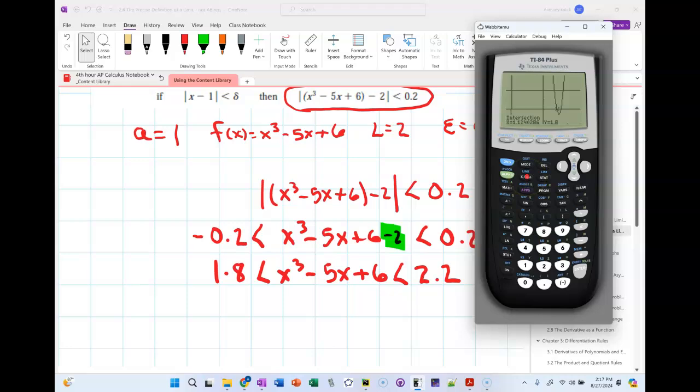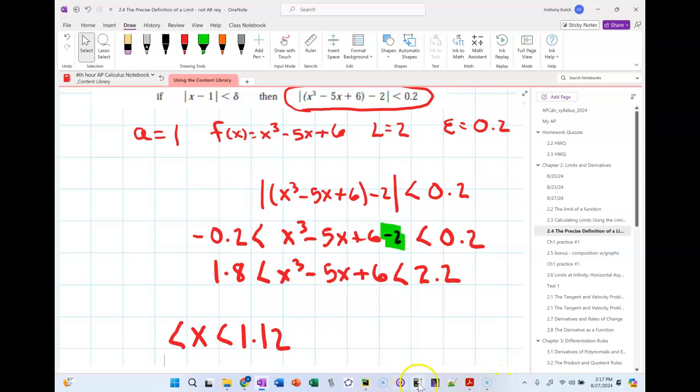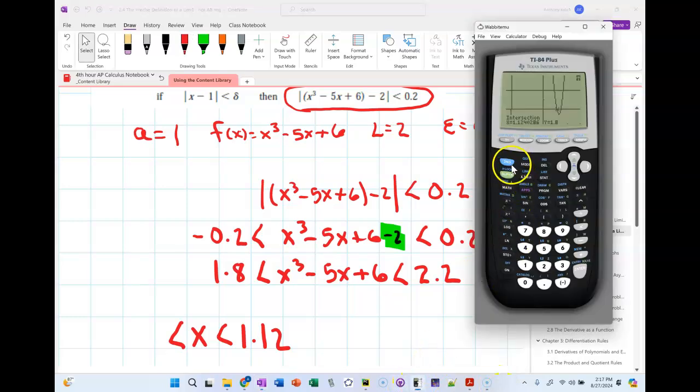So second trace, intersect command, first curve cubic, second curve I'm going to press up or down till I'm on 2.2 and then give my guess right about there. Looks good. Press enter. And that gives me, say, 0.91.